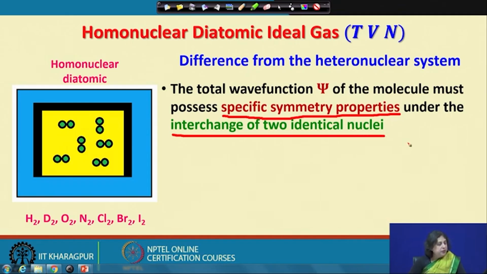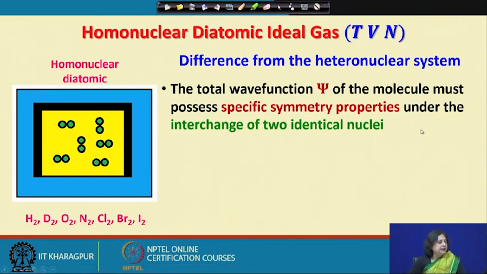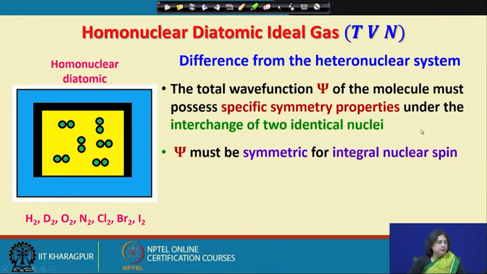Now, we are going to have a very detailed look at these two terms. First, what I mean by this interchange of the two identical nuclei, and second, what kind of specific symmetry properties I am talking about.